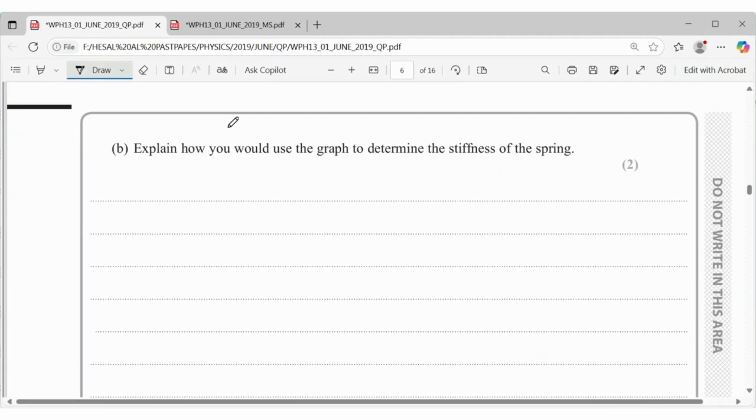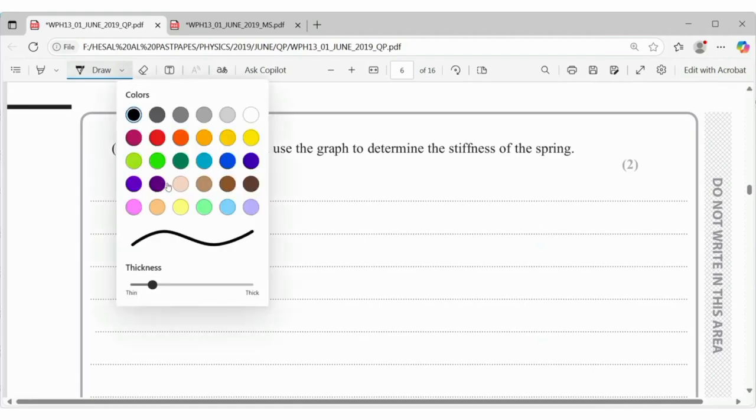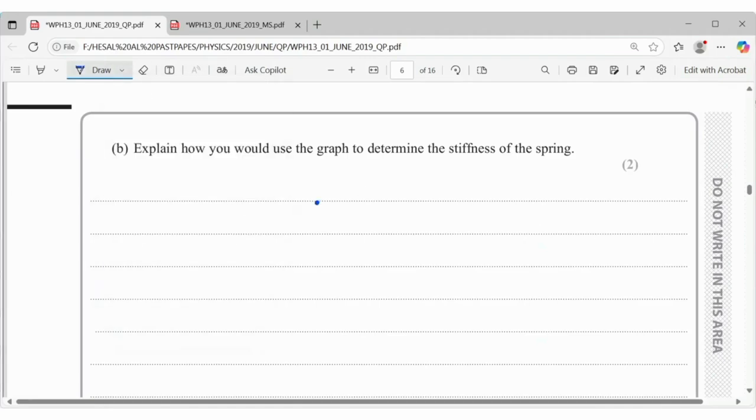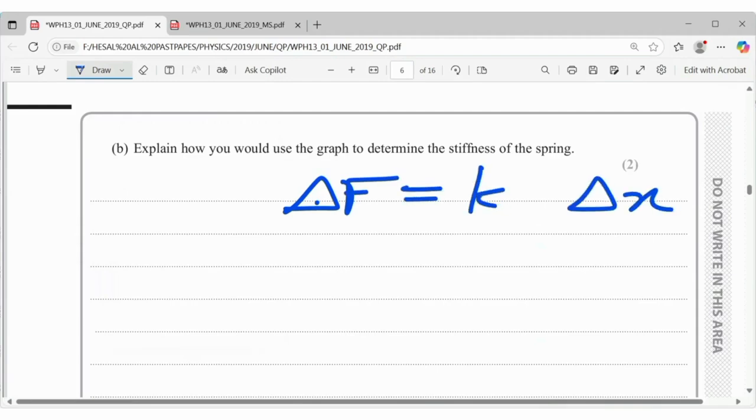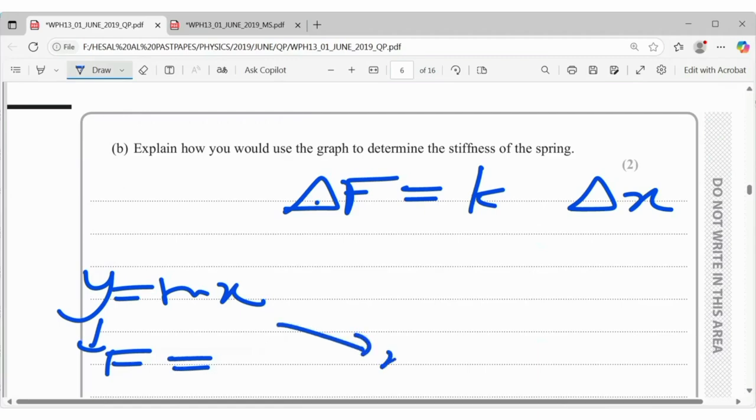Explain how you would use a graph to determine the stiffness of the spring. What is our equation relating to stiffness? It is delta F equals k delta x. In the graph, it looks like y equals mx. So here our y is F and our x is the extension.